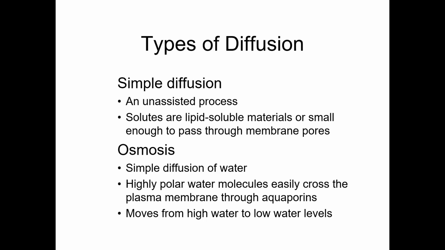In osmosis, water always moves from the higher water concentration to the lower water concentration, regardless of what we're dealing with. I could have another membrane here where I have 60% water, 40% glucose, and over here, 30% water and 70% salt.